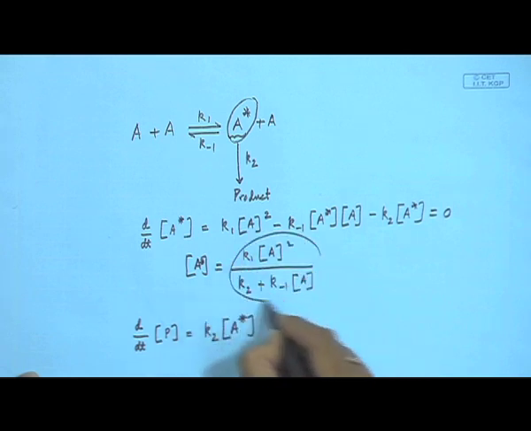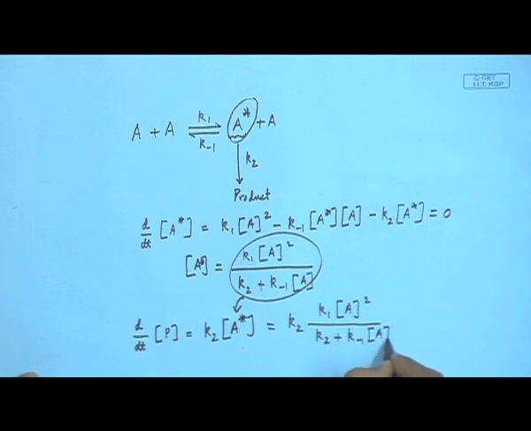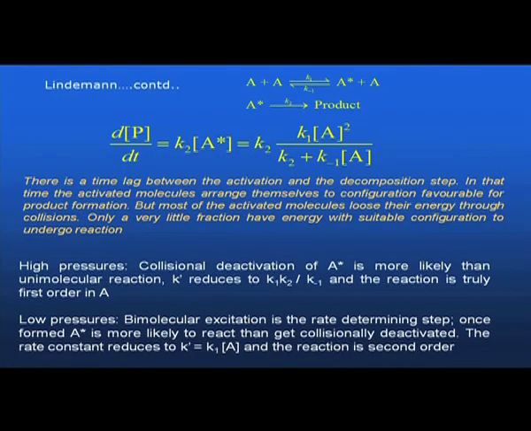You just plug this in, which gives K2 times K1 into A square divided by K2 plus K minus 1 into A. Recall that A plus A is first in equilibrium giving A star plus A, then A star undergoes a further reaction to give you product with rate constant K2.